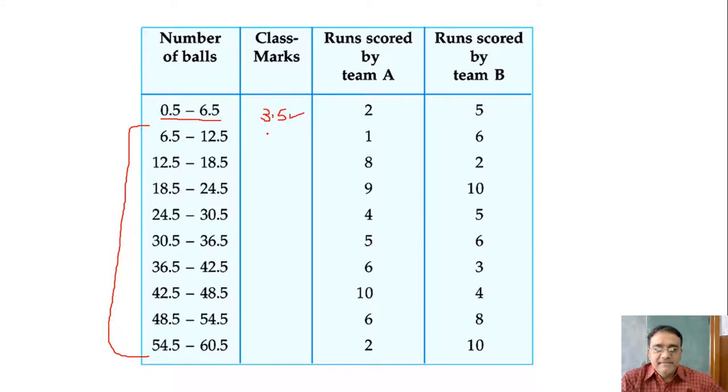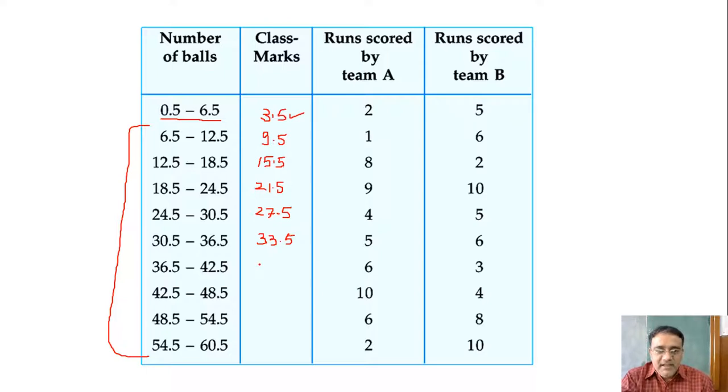So the next number will be 9.5. Add 6 again. So 15.5. Right. Next number plus 6. 21.5. Next number 27.5. 27.5 plus 6 again. 33.5.